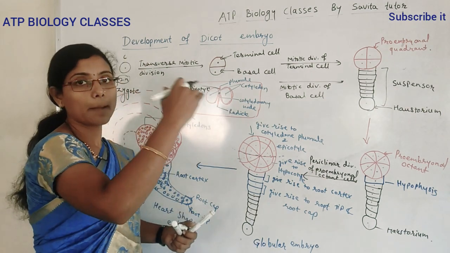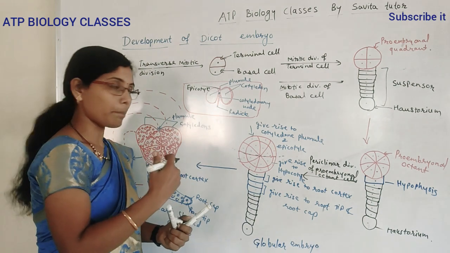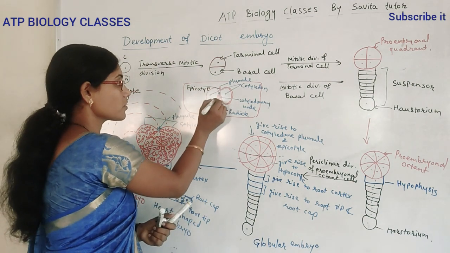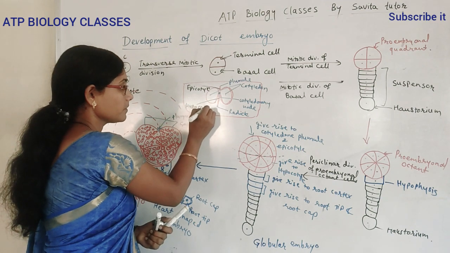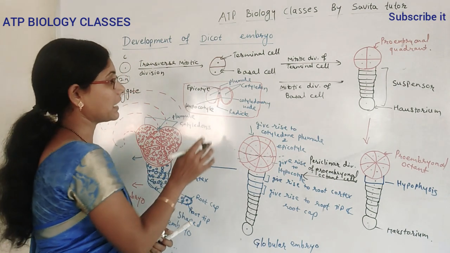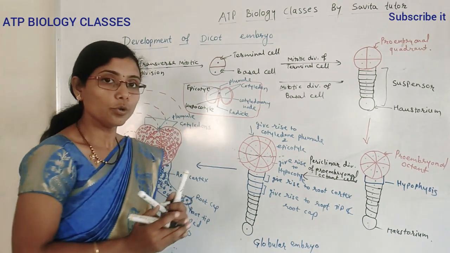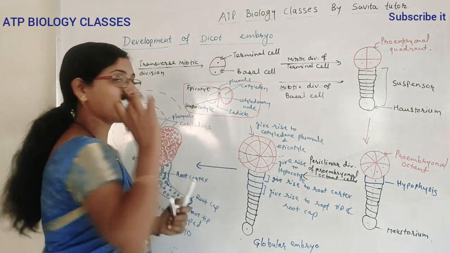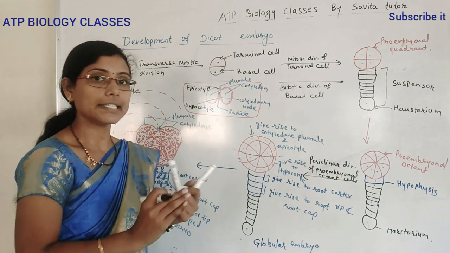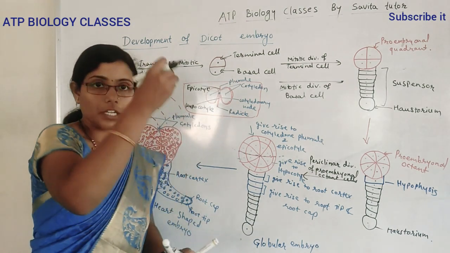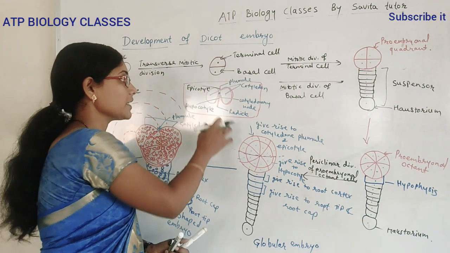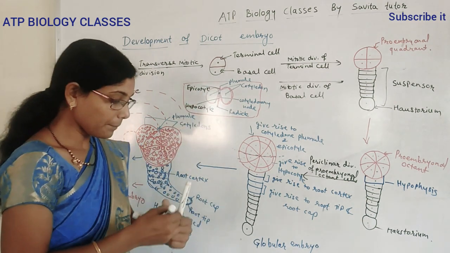So epi for upper part, hypo for the lower part. Cotyle means the cotyledons. So here the hypocotyle is present. So this is how the embryo looks. This is the complete embryonal axis. When we open the pea seed, you can see that there is a white part which is called the embryonal axis, and these are the various parts of that embryo.